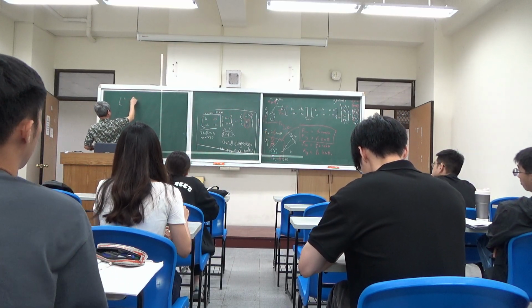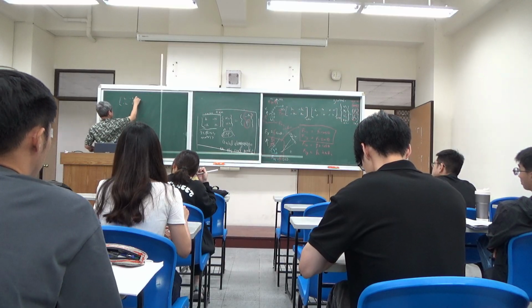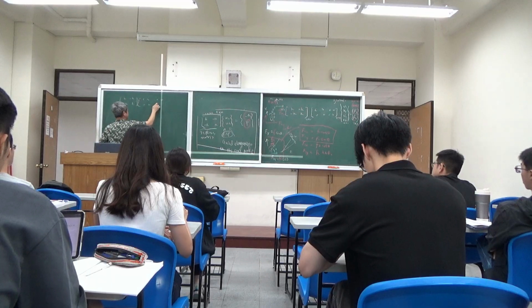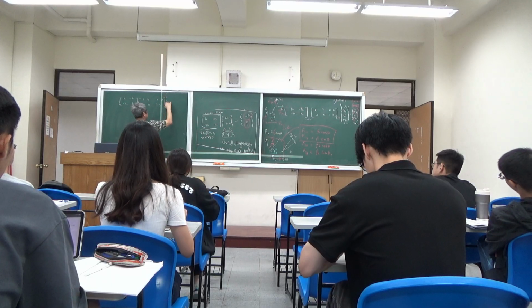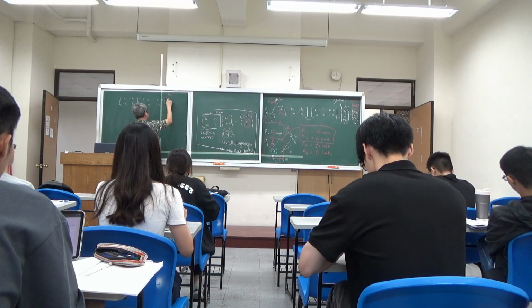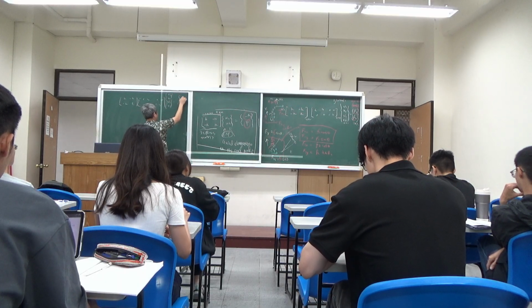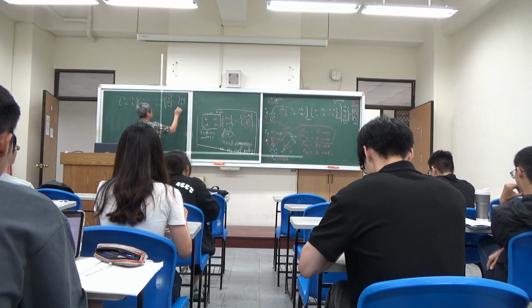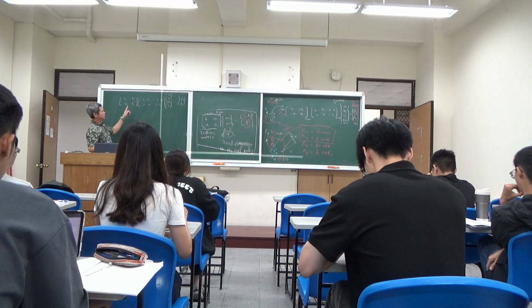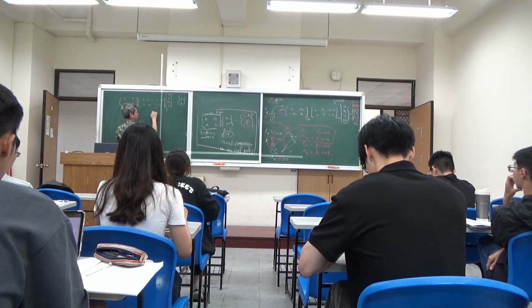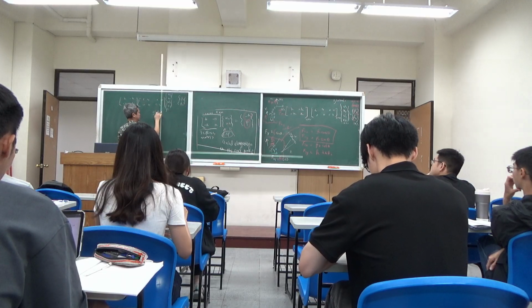K times the matrix with C and S terms, and zeros, times u1, v1, u2, v2, is equal to the axial force. This is the global displacement.